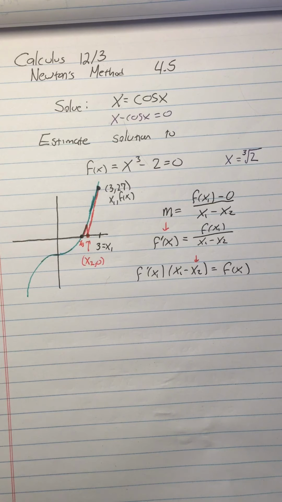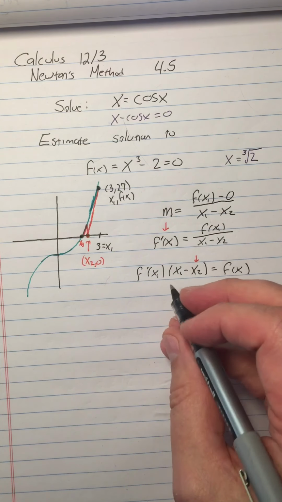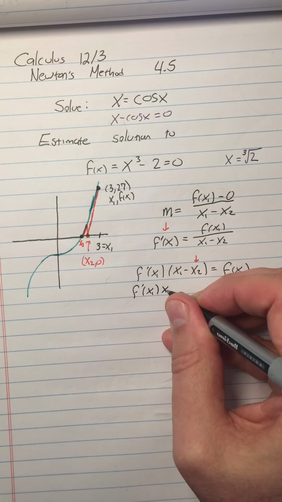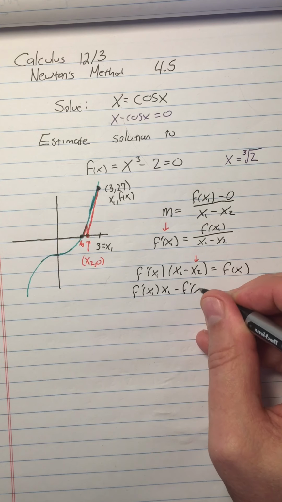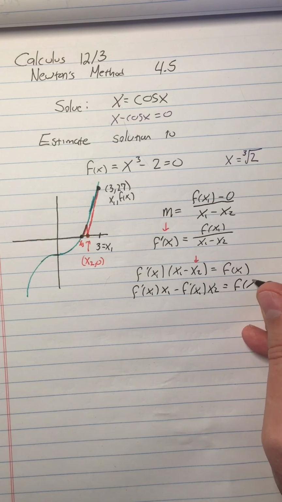There are different ways you could do it. I'm going to distribute the f prime. So we have f prime of x1 times x1 minus f prime of x1 times x2, and that equals f of x1.